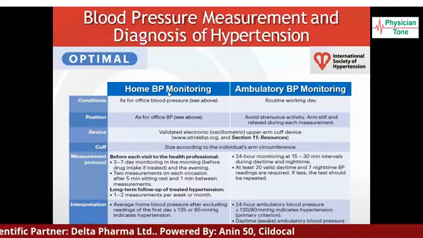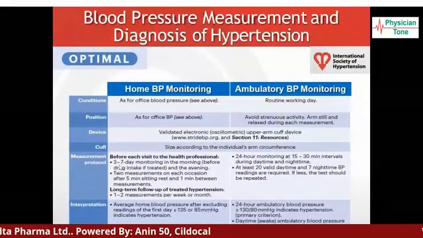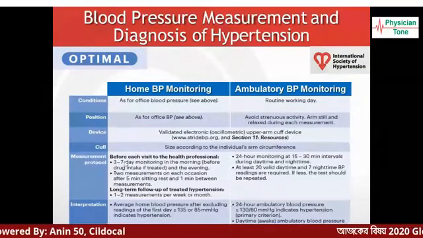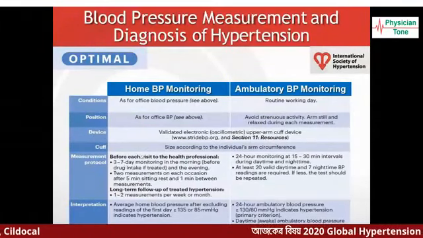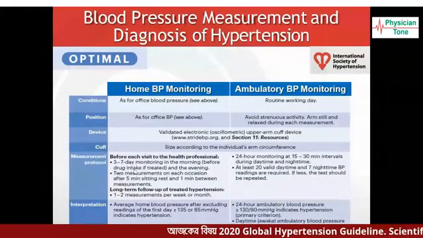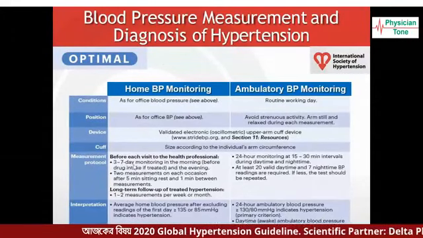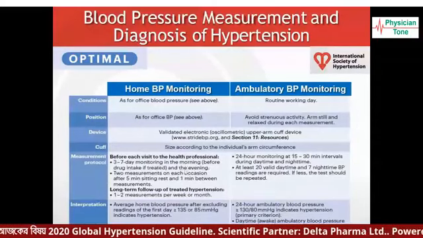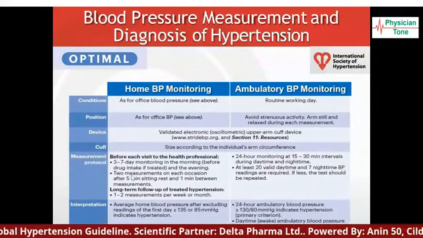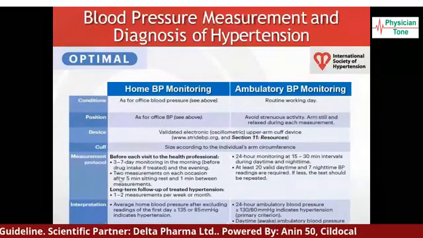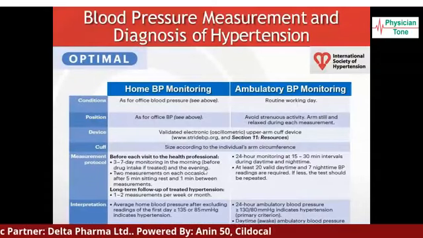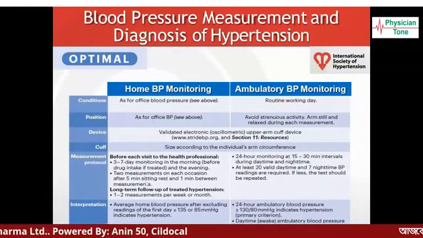As I mentioned earlier, for home blood pressure monitoring, 3 to 7 days of monitoring, in the morning and in the evening. Two times the patient will monitor his or her blood pressure, with 2 measurements on each occasion after 5 minutes of sitting rest, 1 minute between measurements.